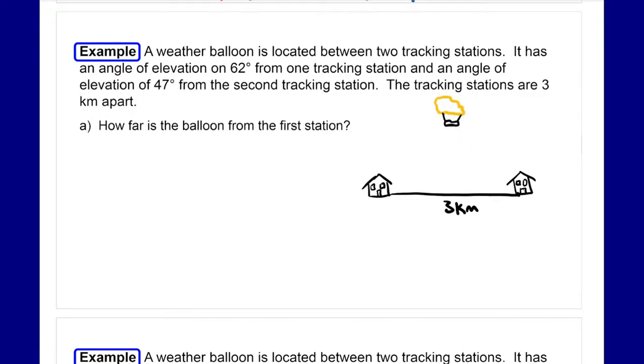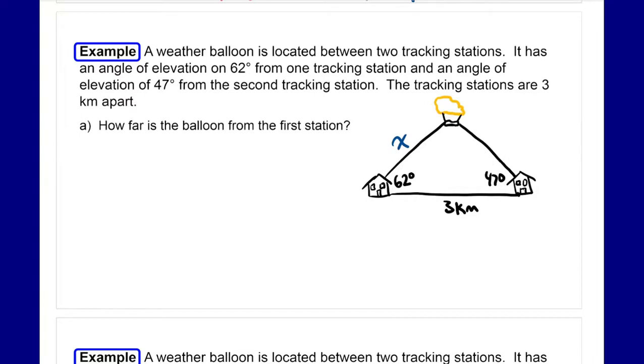We're then told that the angle of elevation from the first station is 62 degrees, and from the second station it is 47 degrees. So there is some information that we can go through and find, because we want to figure out how far the balloon is from the first station. In order to find that, we can't assume that it's a right angle triangle, because we don't know what angles make this up.